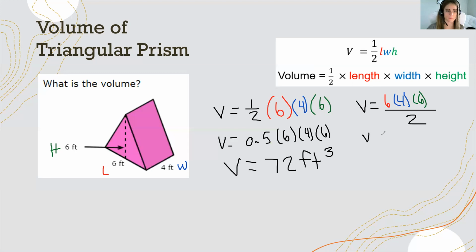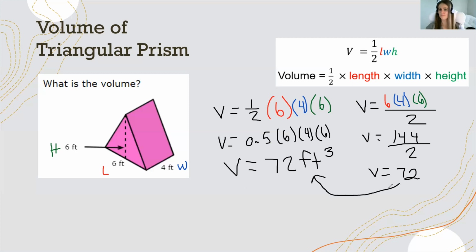You'll cut it in half. So if we do that, 6 times 4 times 6 gives us 144. When that's divided by 2, we have a volume of 72. So it is equal. Whichever method you use is okay. Just use what works best for you.